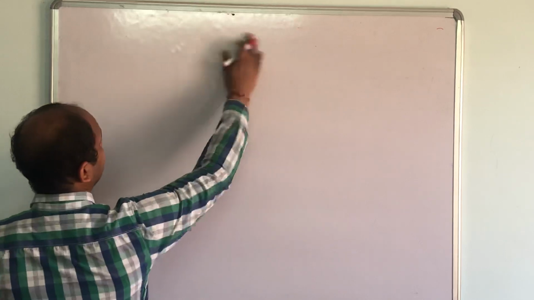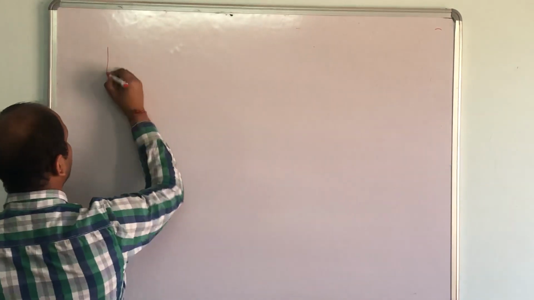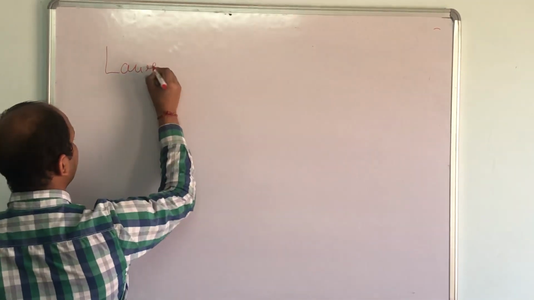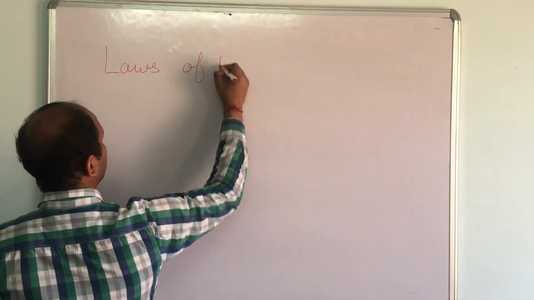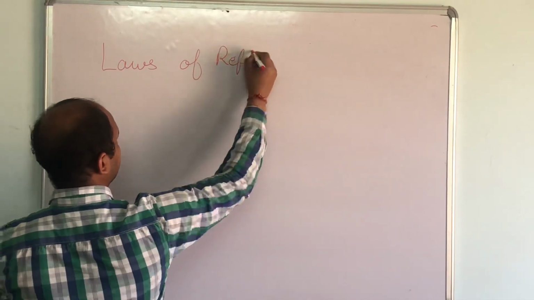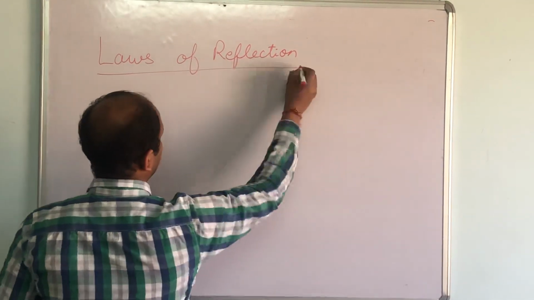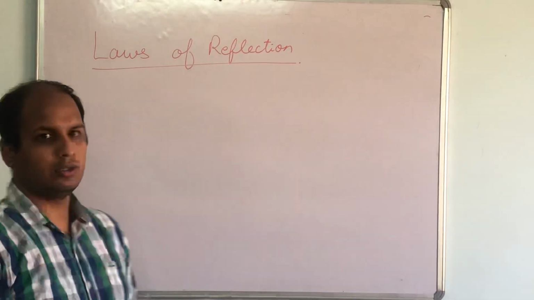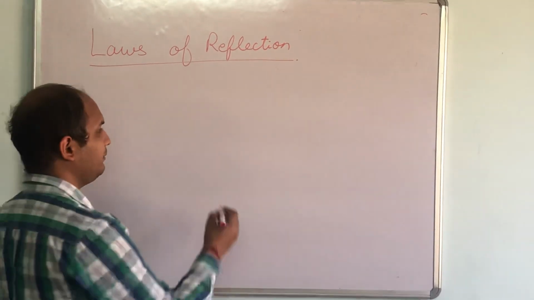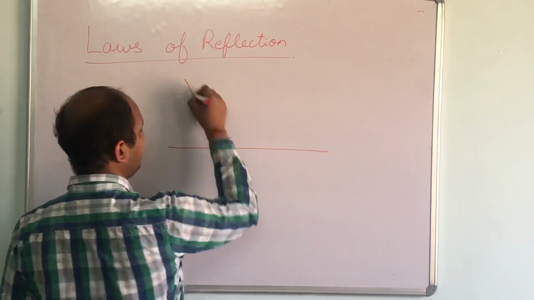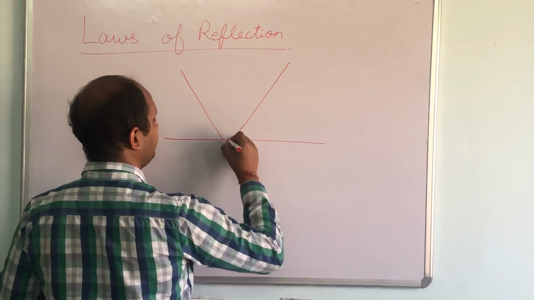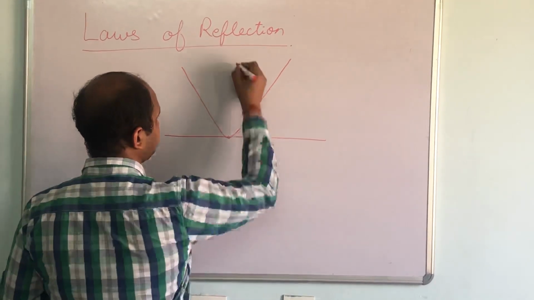Let's move forward to our next topic, laws of reflection. What do you mean by laws of reflection? I have already made you understand with the help of a diagram. Let's see it again with a wider and clearer view.